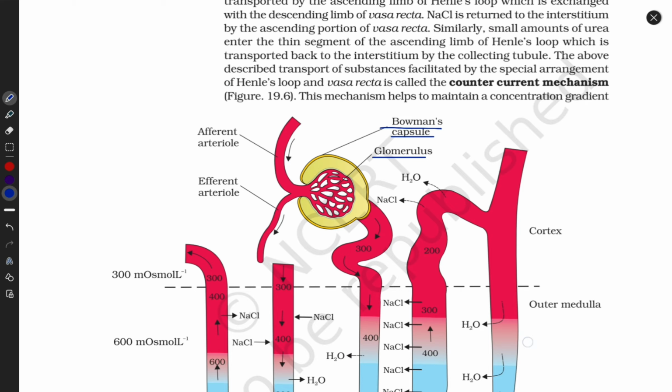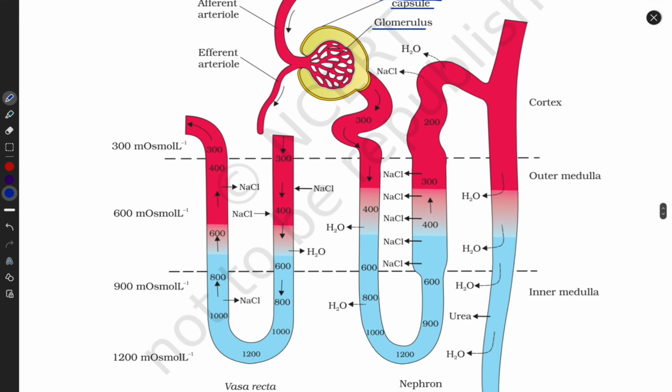Now let's move forward. Here they show osmolarity. They're showing that the filtrate's osmolarity is 300. It means less osmolarity, meaning water is high and solute is less.